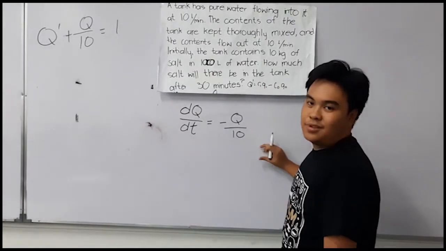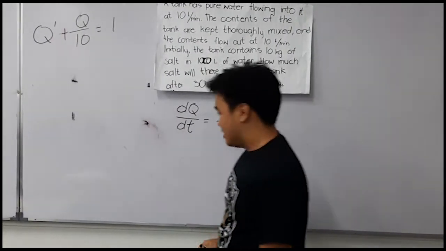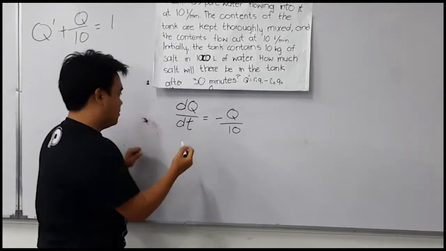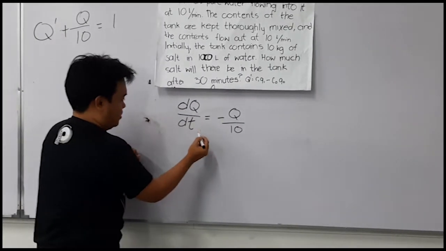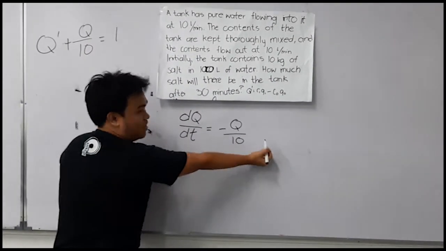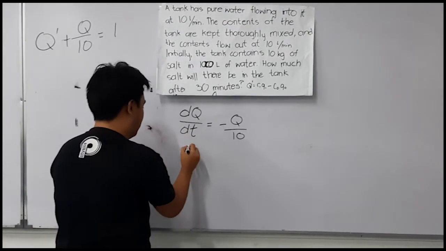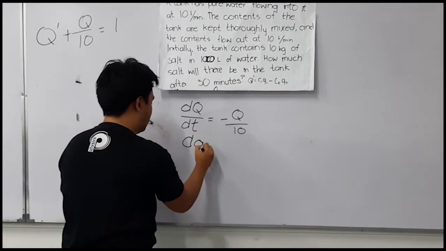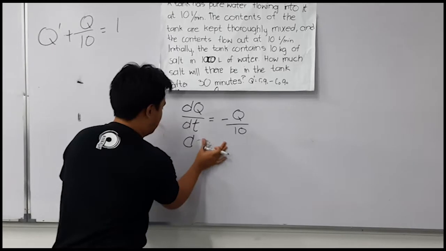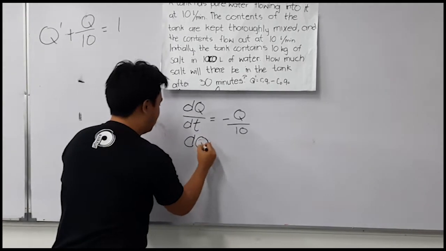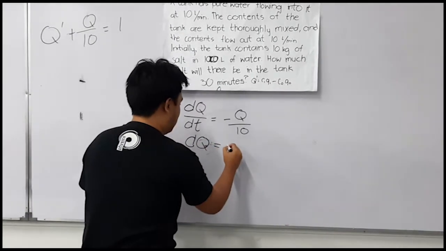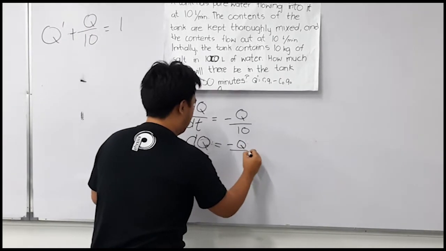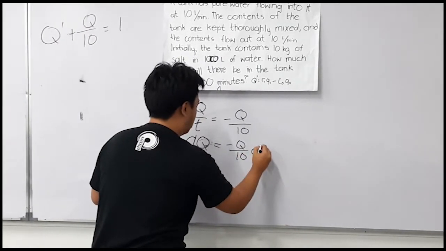So in this problem, I can cross multiply dt to the other side, so I will be left with dq is equal to negative q over 10 dt.